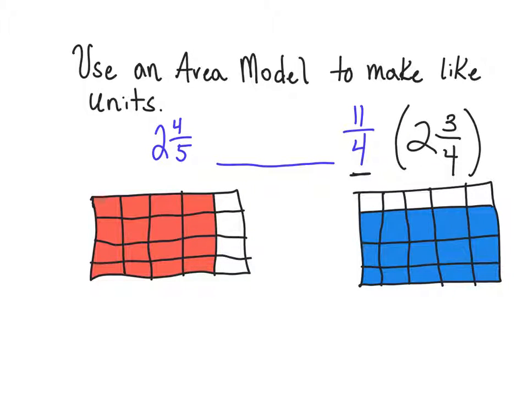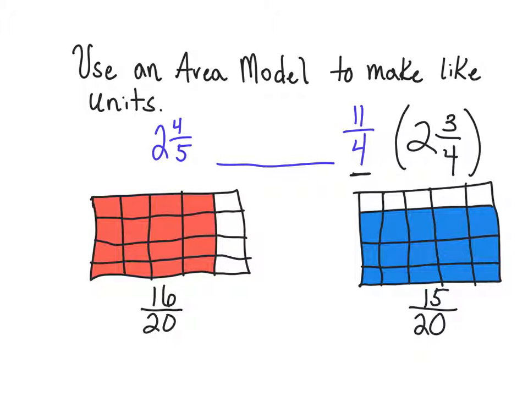All right, so now it looks like we have a common unit, a common denominator of 20. And our numerator is going to be 16, and over here it's going to be 15.